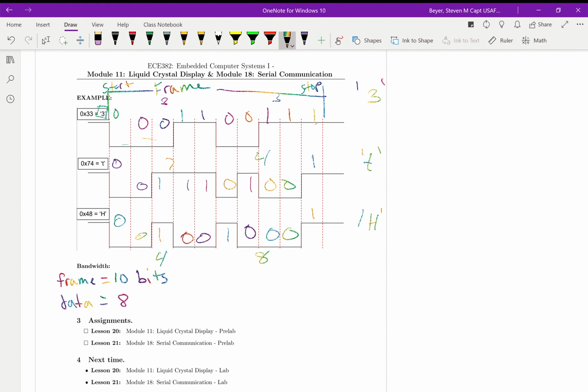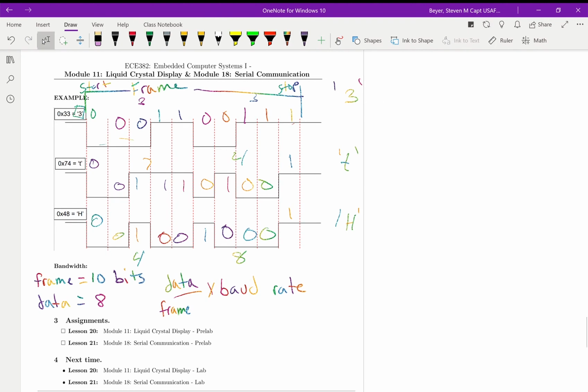So if I'm talking bandwidth, I'm only talking about the data. And so I have to use that as a ratio times my baud rate. So let's go with the general data frame rate, or frame, and times my baud rate.